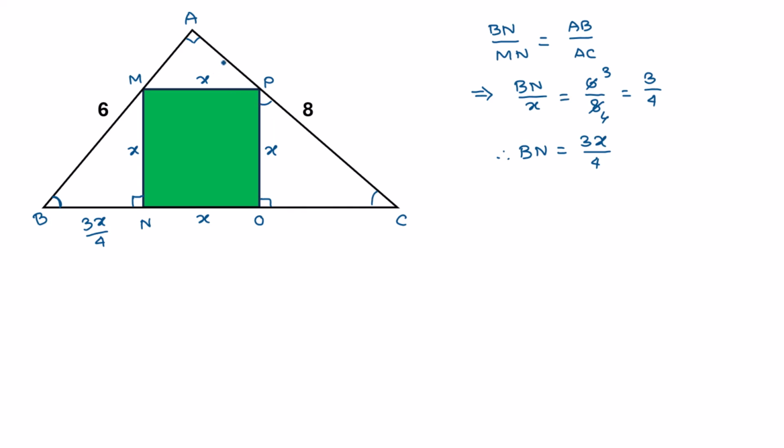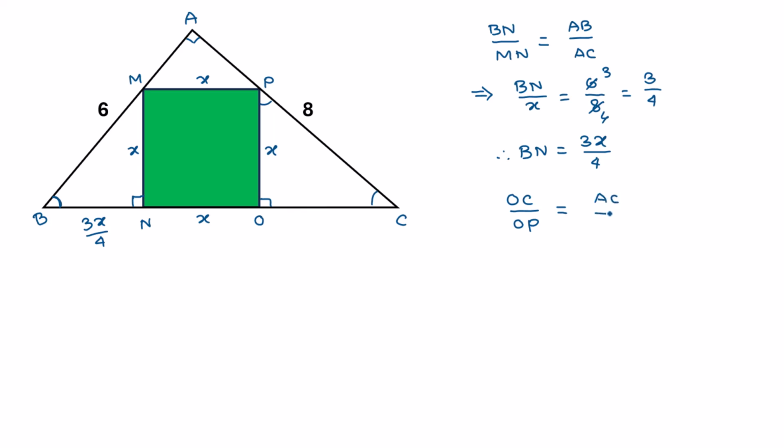Again, by angle similarity, we can write OC divided by OP is equal to, from this triangle, AC divided by AB.